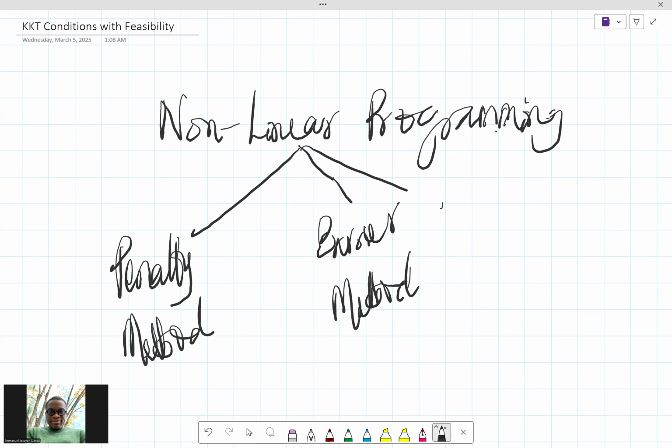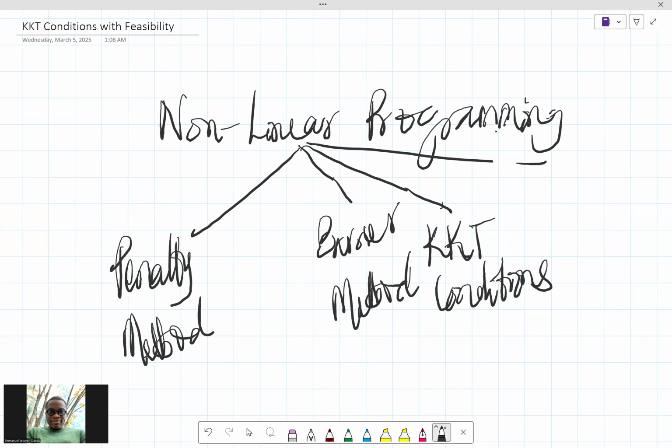So today, in this video, I'll be talking about the KKT conditions, the Karush-Kuhn-Tucker conditions, which are actually a generalization of the Lagrange multiplier. And afterwards, we'll be talking about evolutionary algorithms. There are a couple of such algorithms.